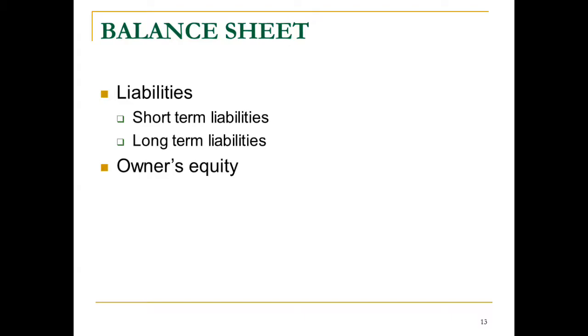For example, you purchase goods on credit from your suppliers, then it becomes accounts payable, which is a short-term liability. Whereas long-term liabilities are normally financing we acquire from the banks, probably to purchase a vehicle, a building or machines, that requires more than 1 year for the repayment period. So that is considered long-term liabilities.